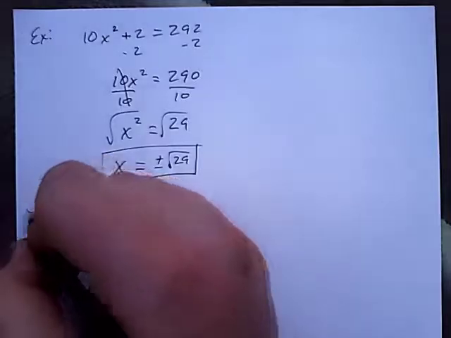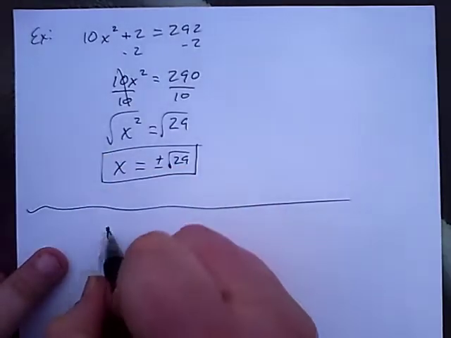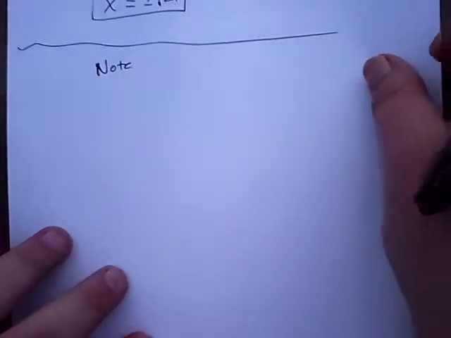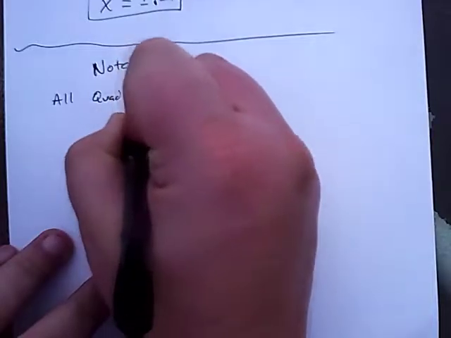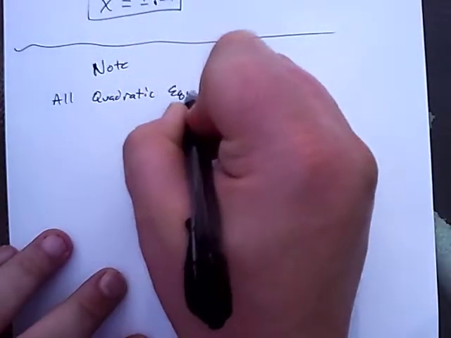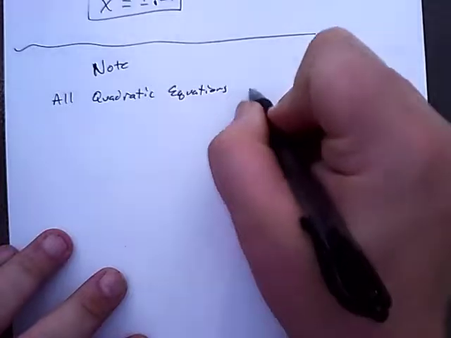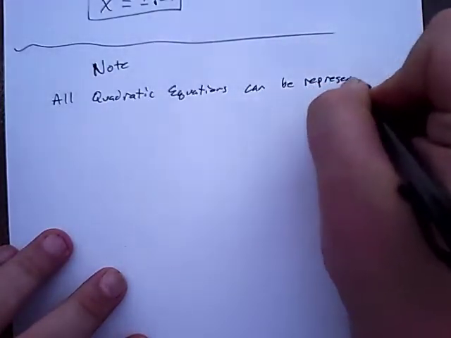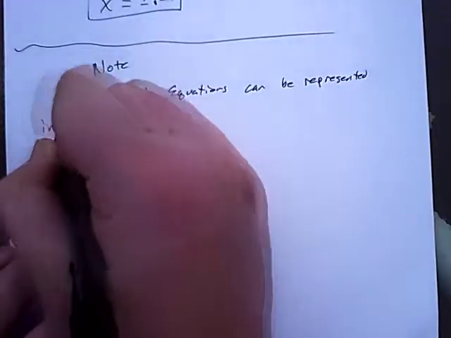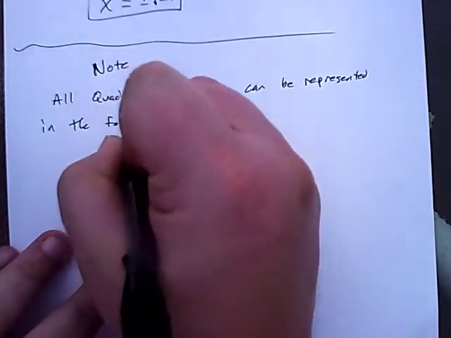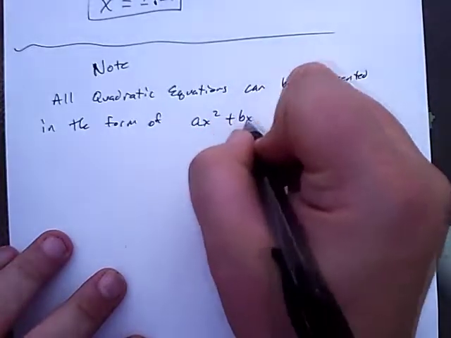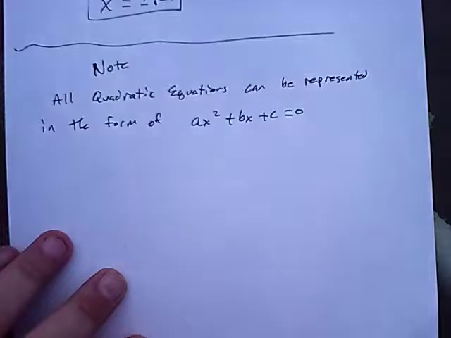One thing I want to take a look at, so let's take a note here. All quadratic equations can be represented in the form of ax squared plus bx plus c equals 0.